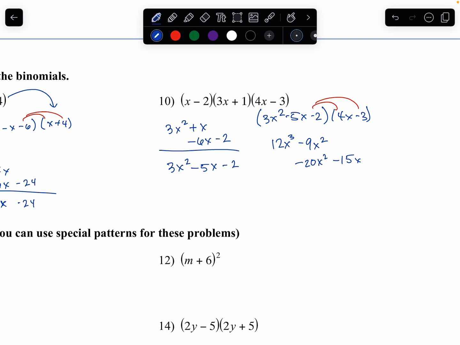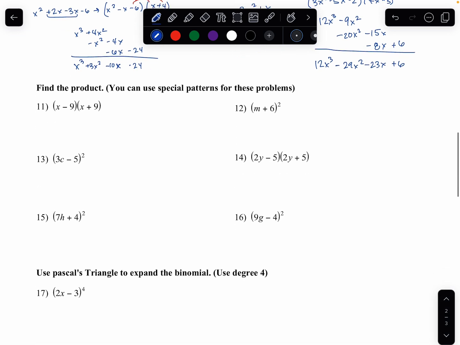That's going to become negative 8x plus 6. I get 12x to the 3rd, that's going to be minus 29x squared, and then that's going to be minus 23x plus 6.